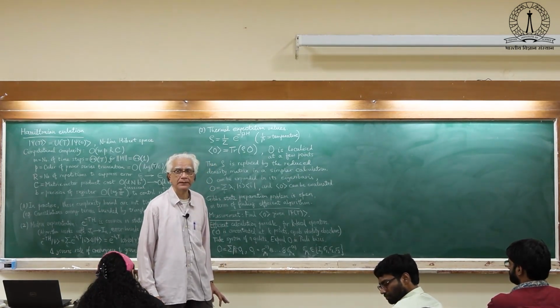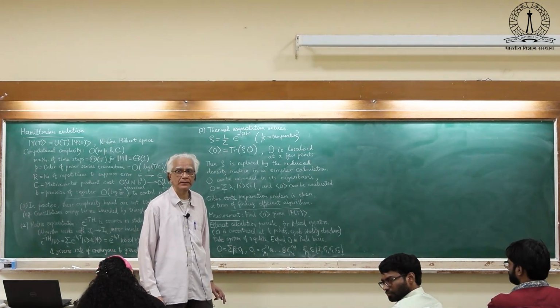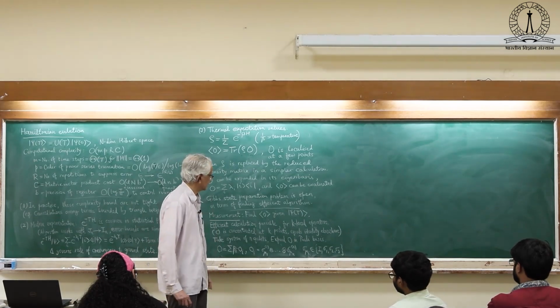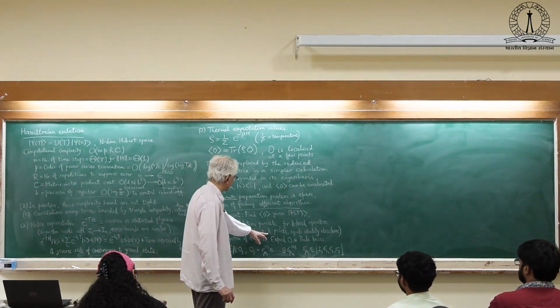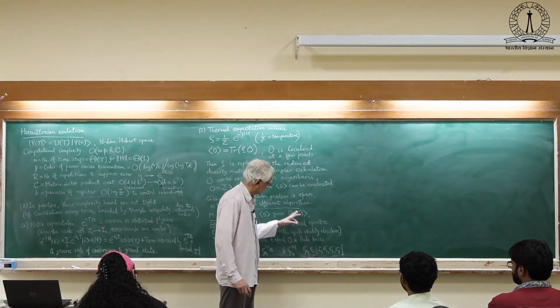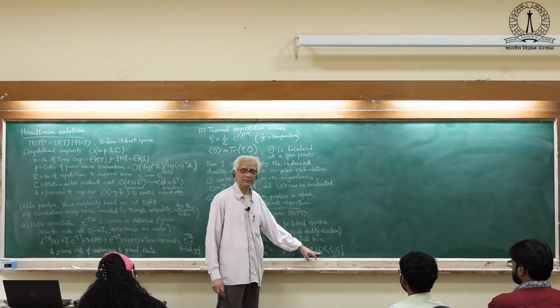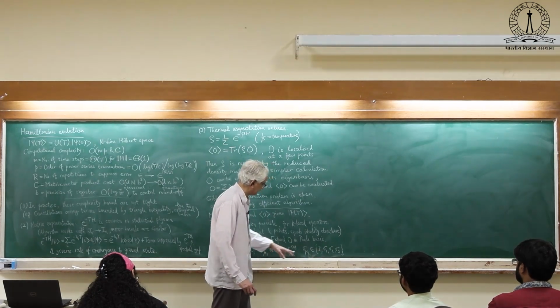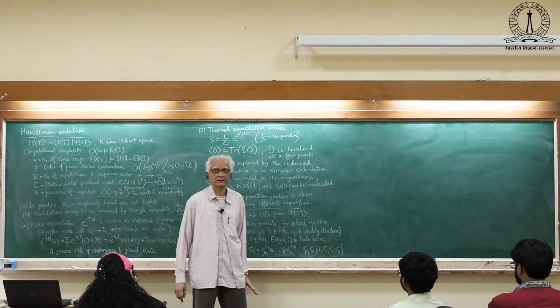So k points means that most of the n minus k places will have an identity matrix, and those k points will have one of these three.